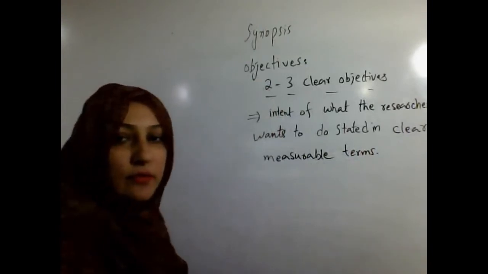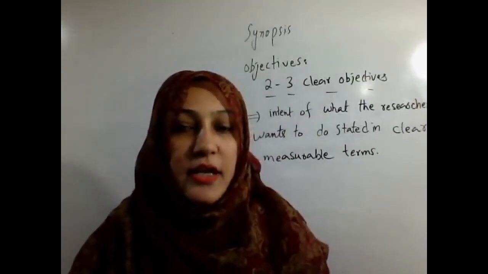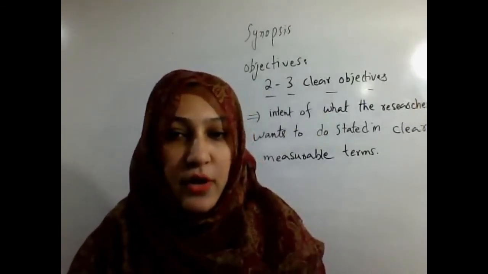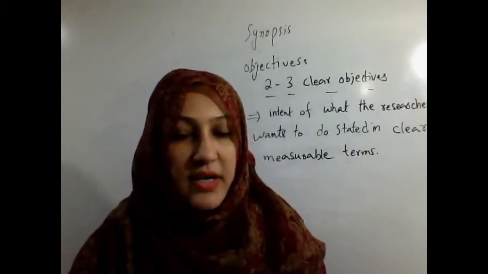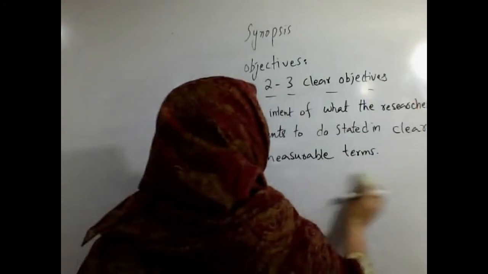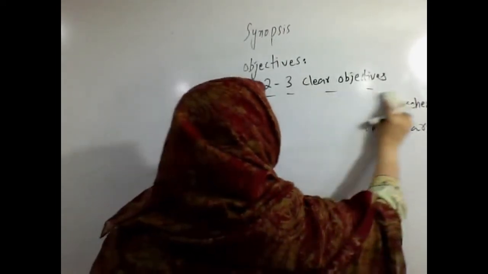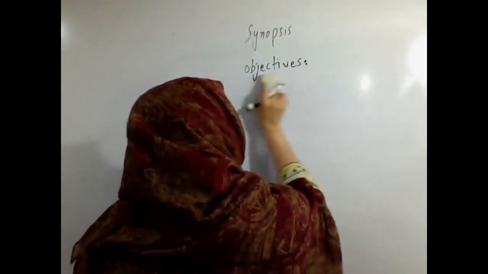You have to describe your research plan in two to three objectives: what you want to do in your whole research work. So they must be very effective for the readers.